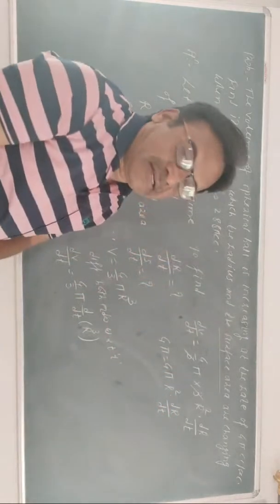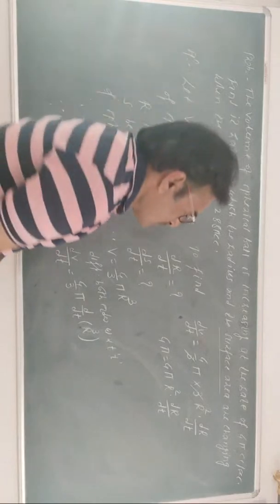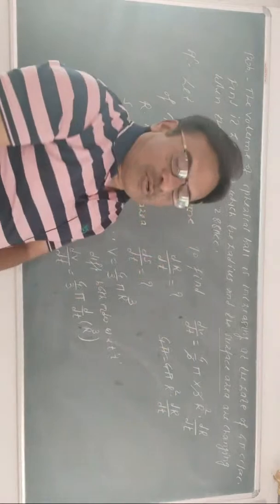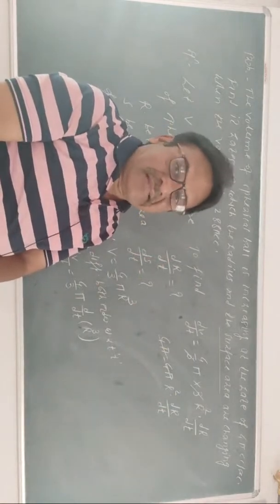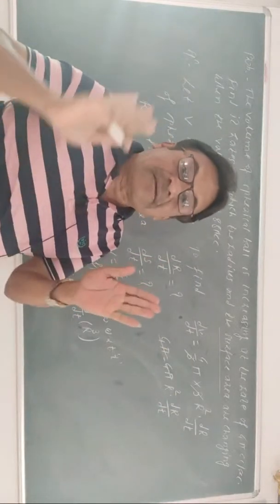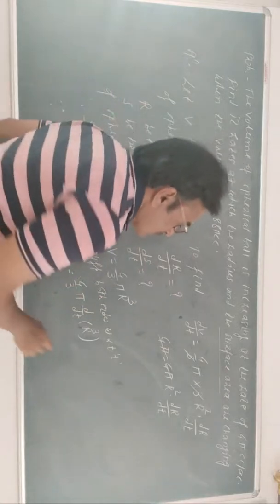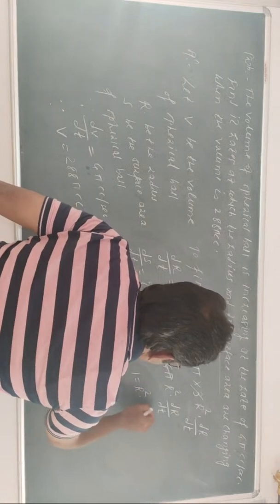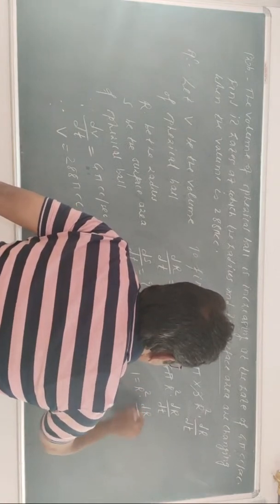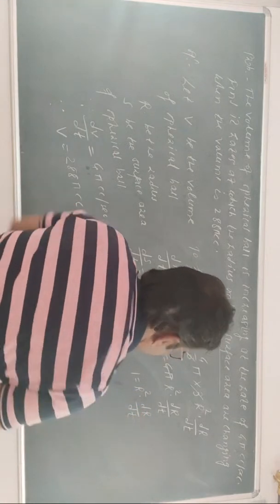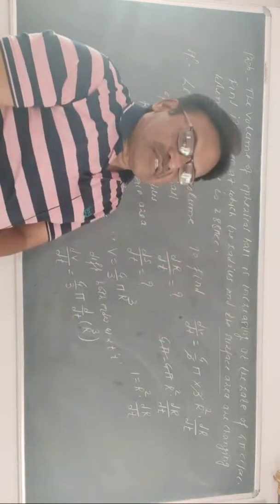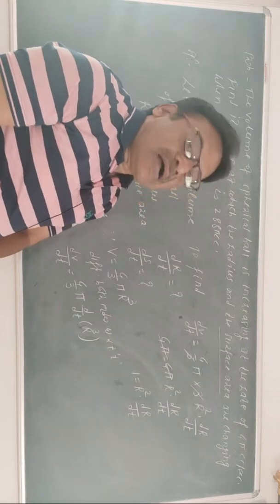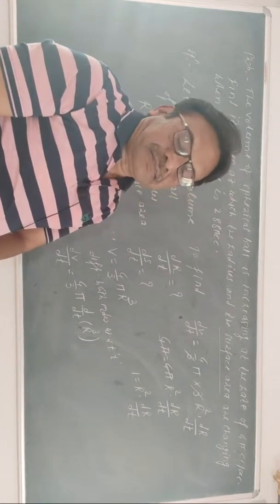Then this 4 pi gets cancelled, that is, divided both sides by 4 pi. Therefore 1 is equal to r square into dr by dt.